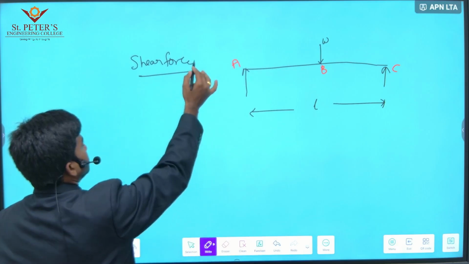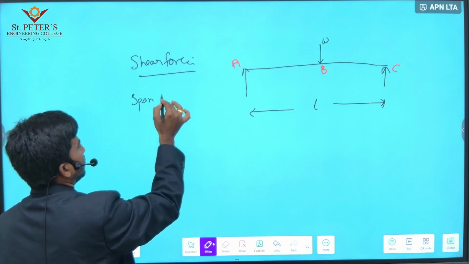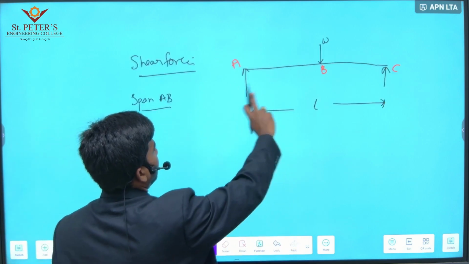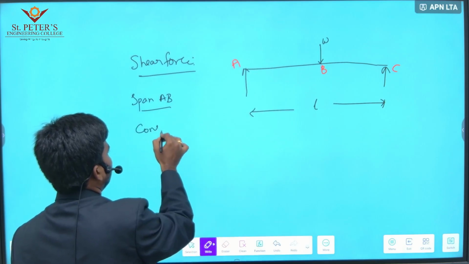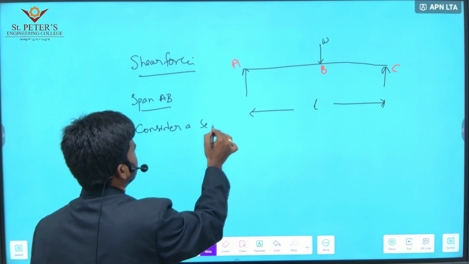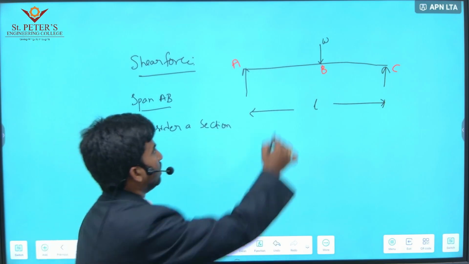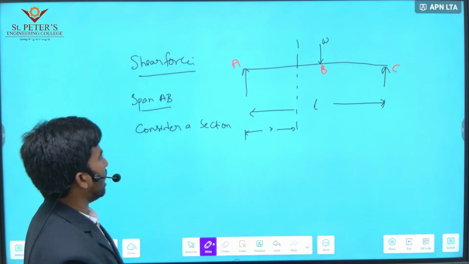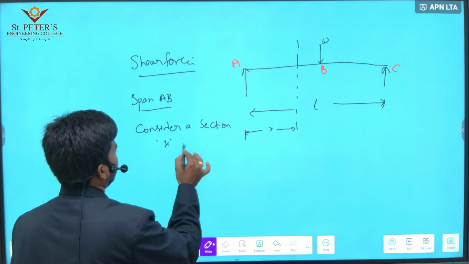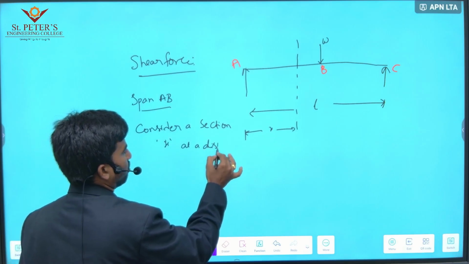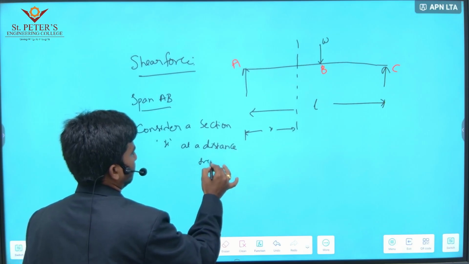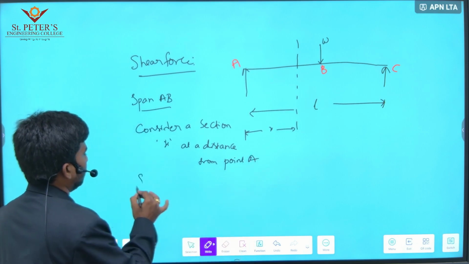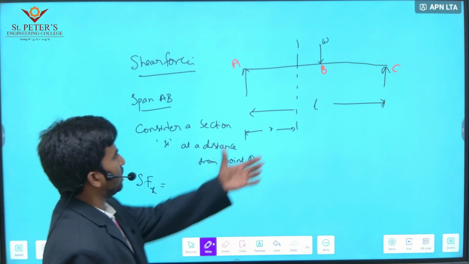Shear force. Let us take an example, span AB, from A to B. Consider a section X at a distance x from point A. So shear force at X. Here how many forces are there?